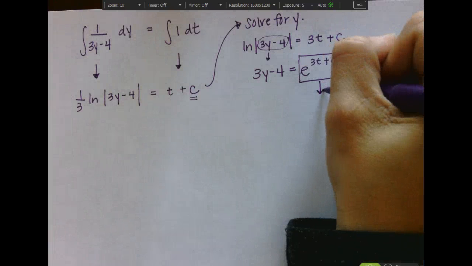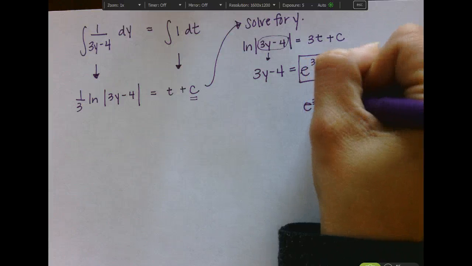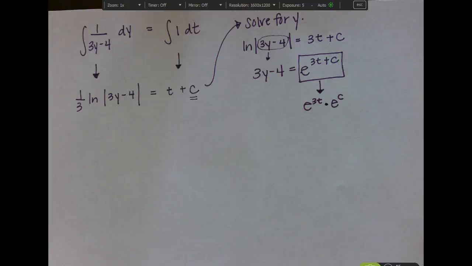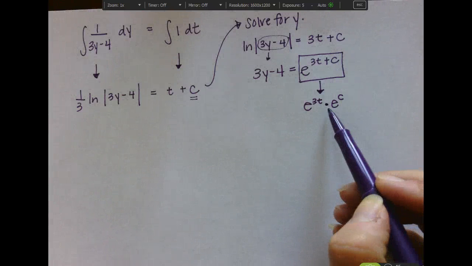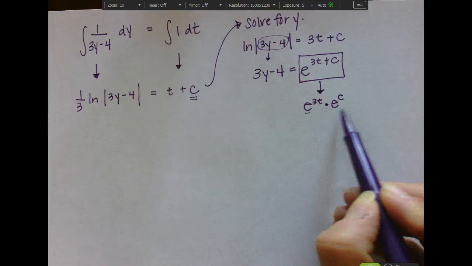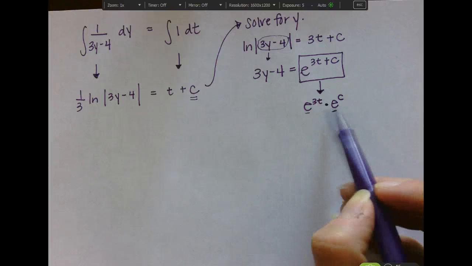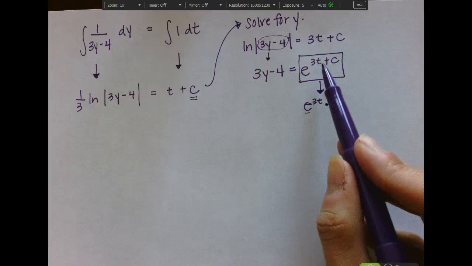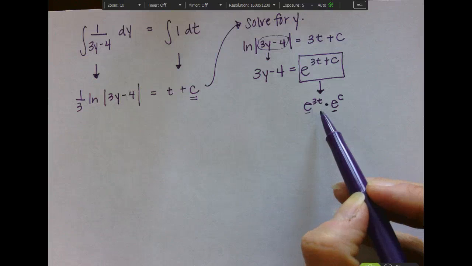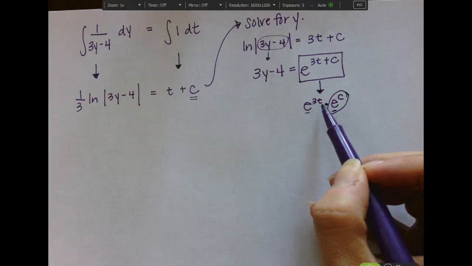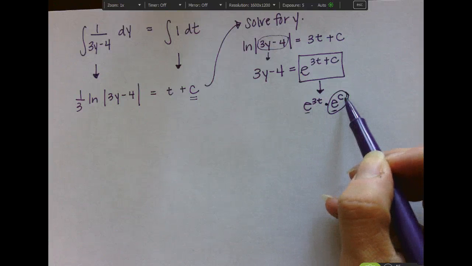If you think about separating this into e to the 3t times e to the power of c, I'm sort of working backwards here, because one of the properties of exponents is if two exponents have the same base, you can combine them by adding their exponents. So that's essentially what we already had. But if I go backwards and undo that, then I end up with e to the 3t times e to the power of c.